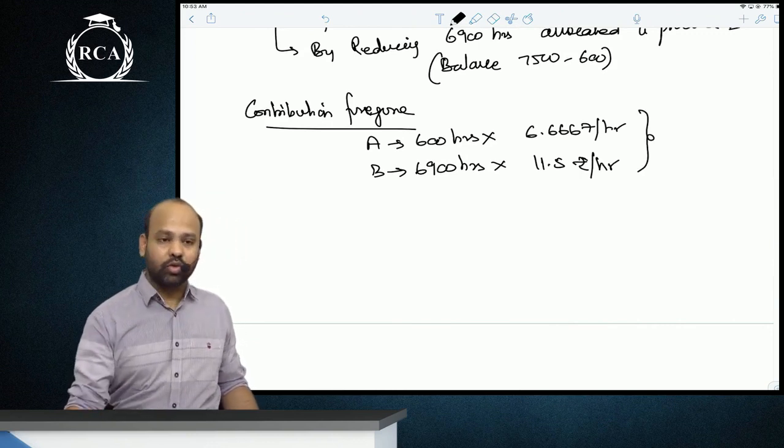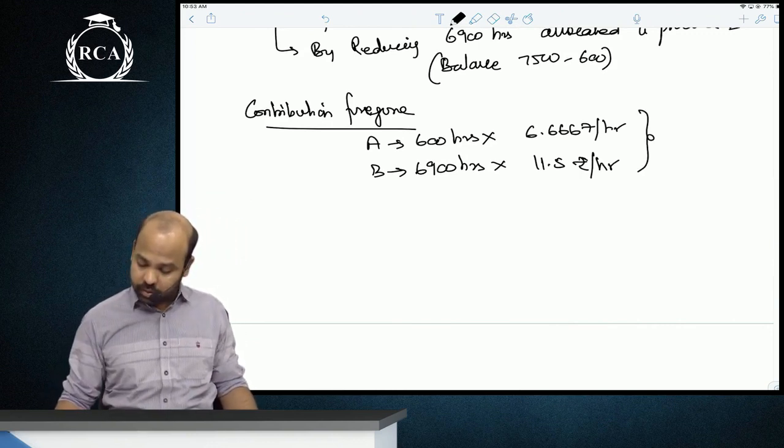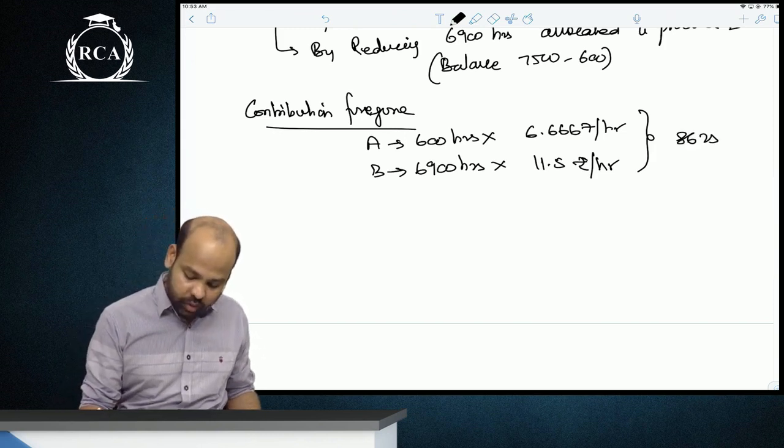So here, the total contribution foregone would be 86,250 rupees.